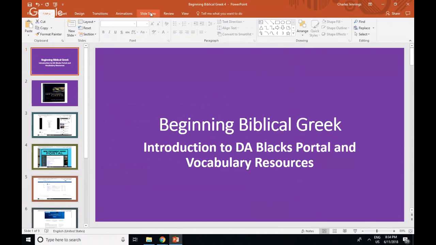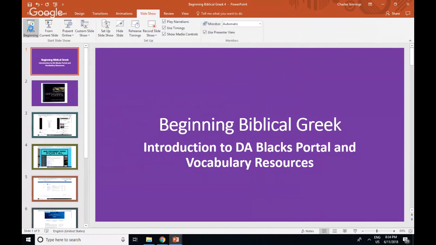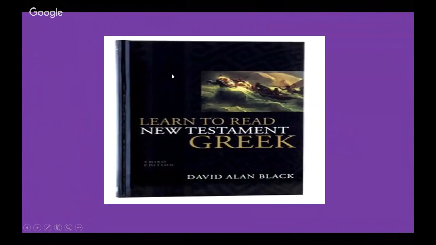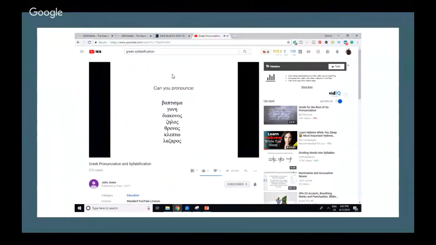Okay, let me turn this on slideshow so that we can see it full screen as I talk about these resources. Okay, there's the book. In this series, you're going to find resources about syllabification.